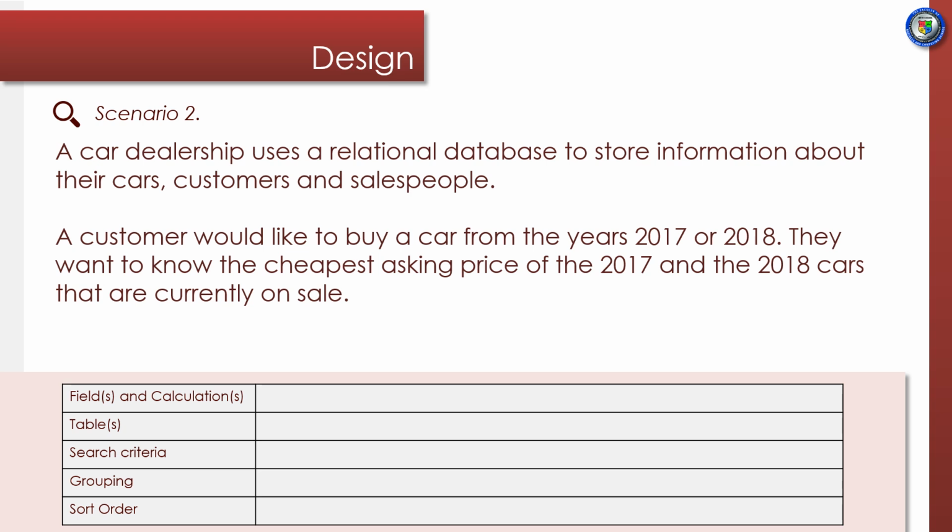They want to know the cheapest asking price of the 2017 and the 2018 cars that are currently on sale. We'll extract the key information, such as we want to look for a car from the years 2017 and 2018, and we want the cheapest asking price of 2017-2018 cars which are currently on sale.